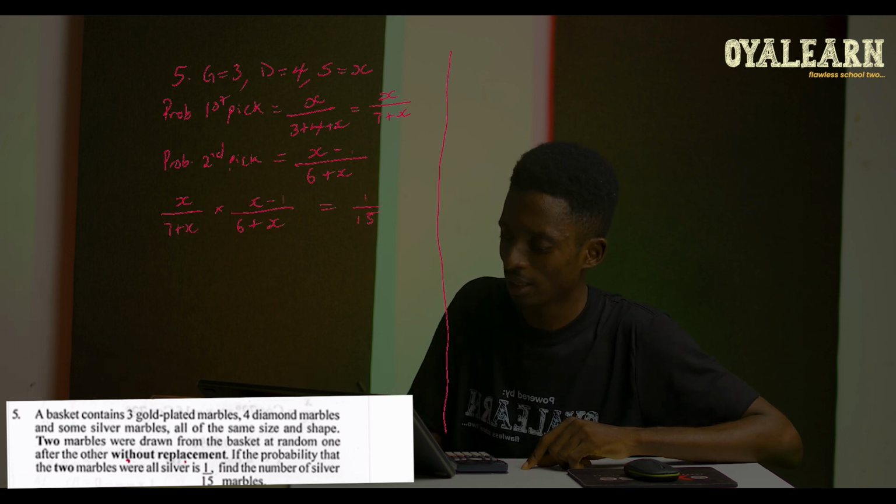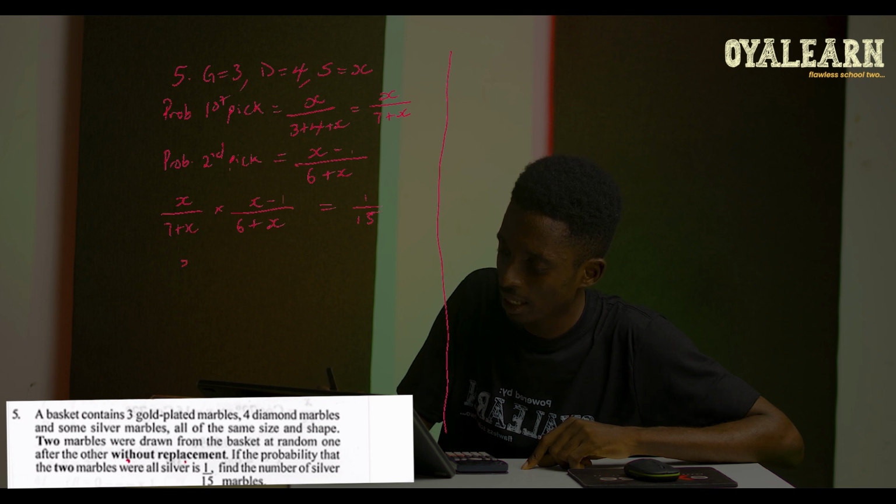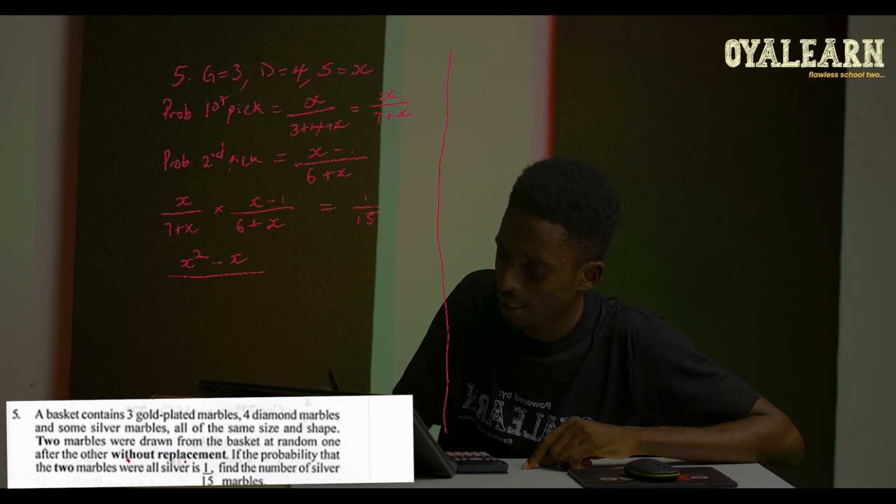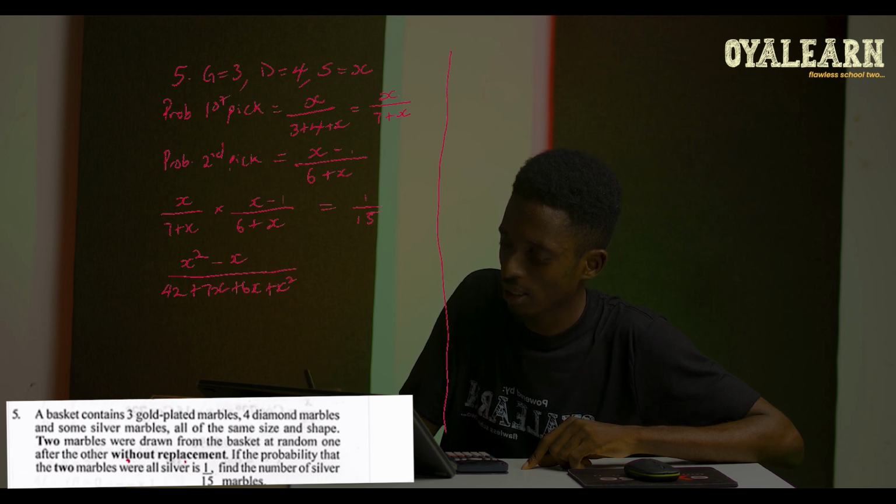Now let's multiply this. x times x, that's x squared, minus x times 1, that's x, over 7 times 6, that's 42. 7 times x, that's plus 7x. x times 6, that's plus 6x, plus x squared, since x times x gives us x squared.